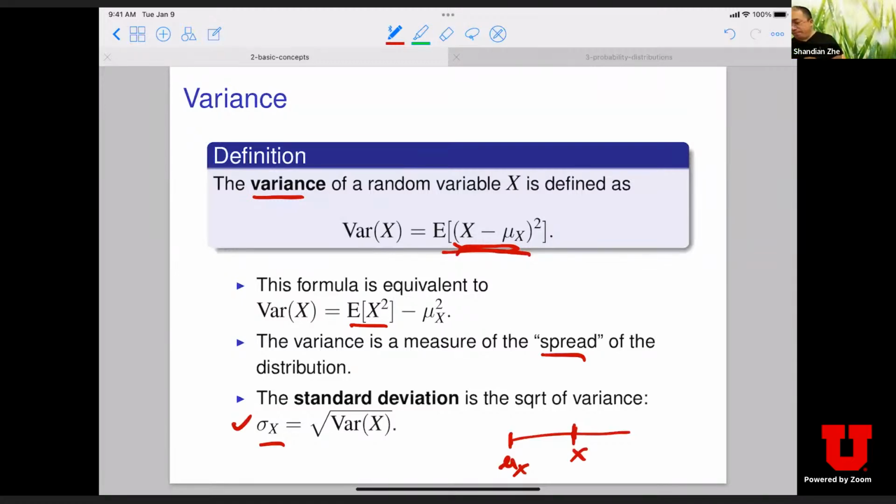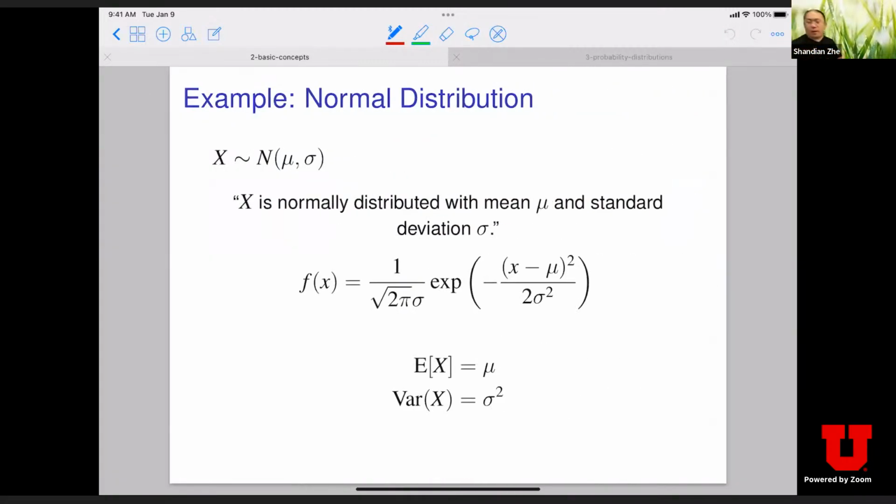Okay, great. So now let us look at a few examples. The first, and also the most important, continuous distribution is the normal distribution. I believe everyone has seen it before.